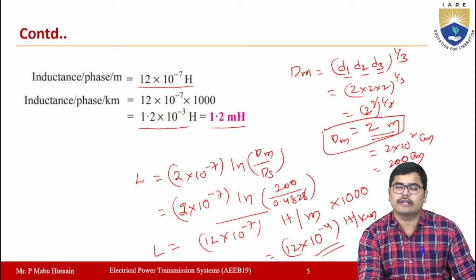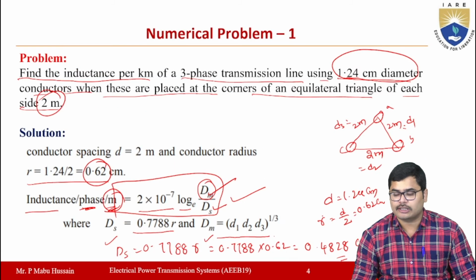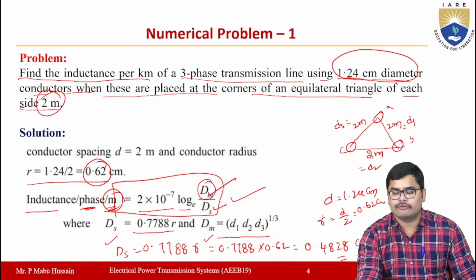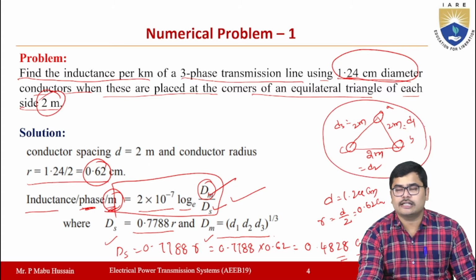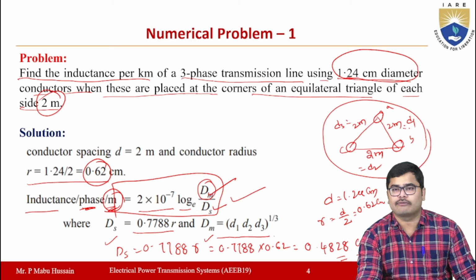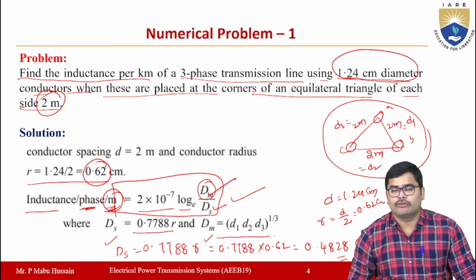This is how you can calculate the inductance of a single circuit 3-phase transmission line system. A single circuit 3-phase transmission line system, in the sense that in a 3-phase transmission line you will be having only one set of 3-phase conductors. Now here the distance between any two conductors is given as the same, which is the symmetrical spacing given here. So then you can calculate the inductance in this way.